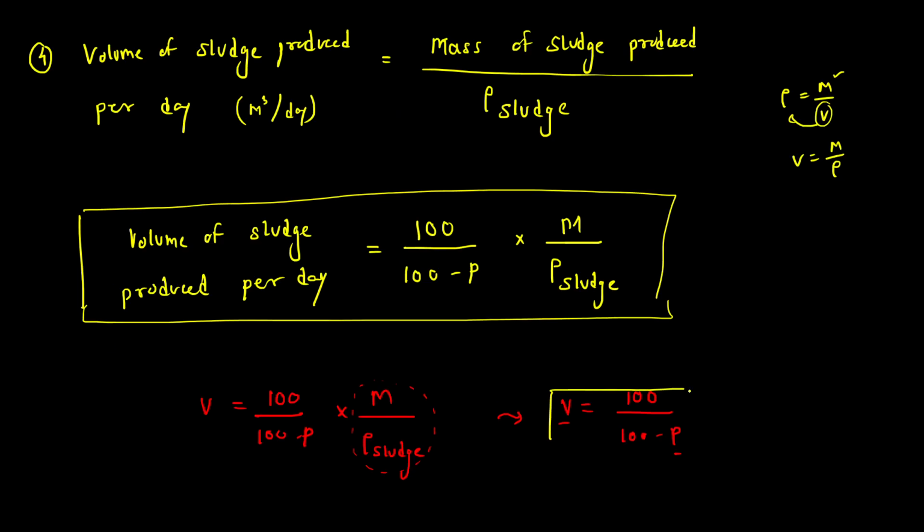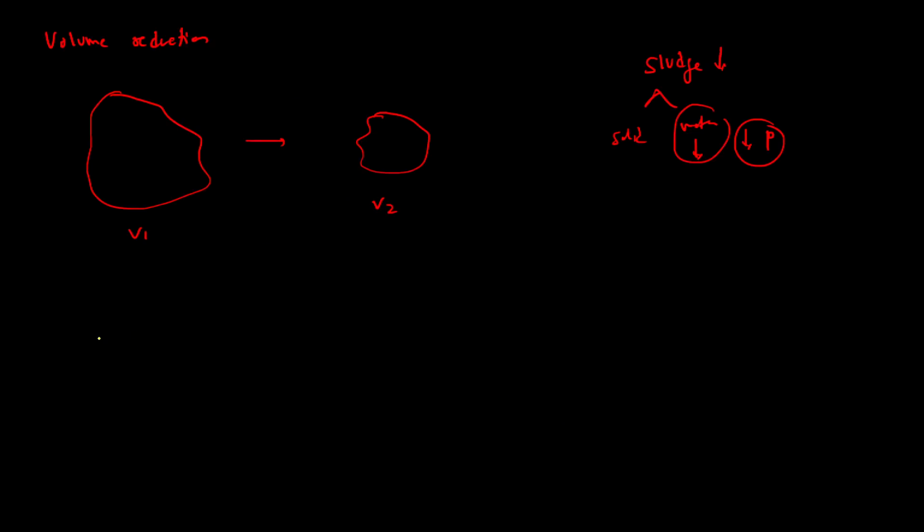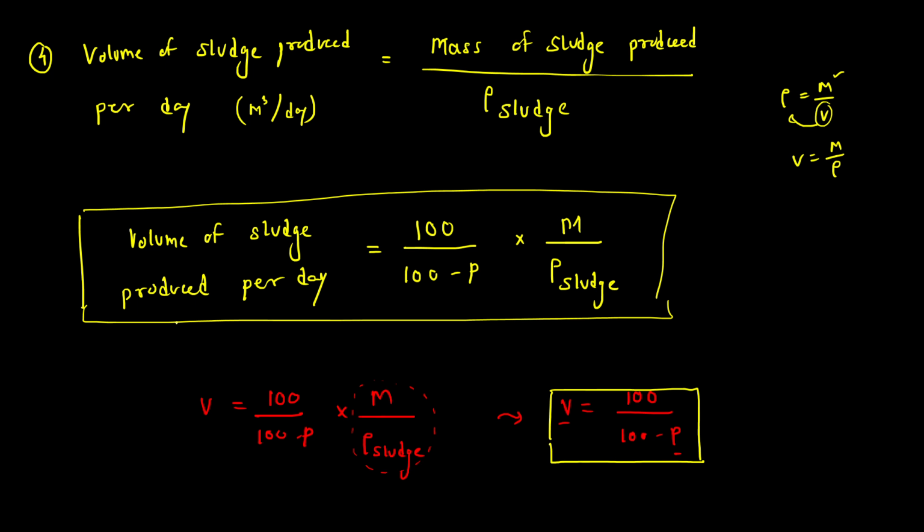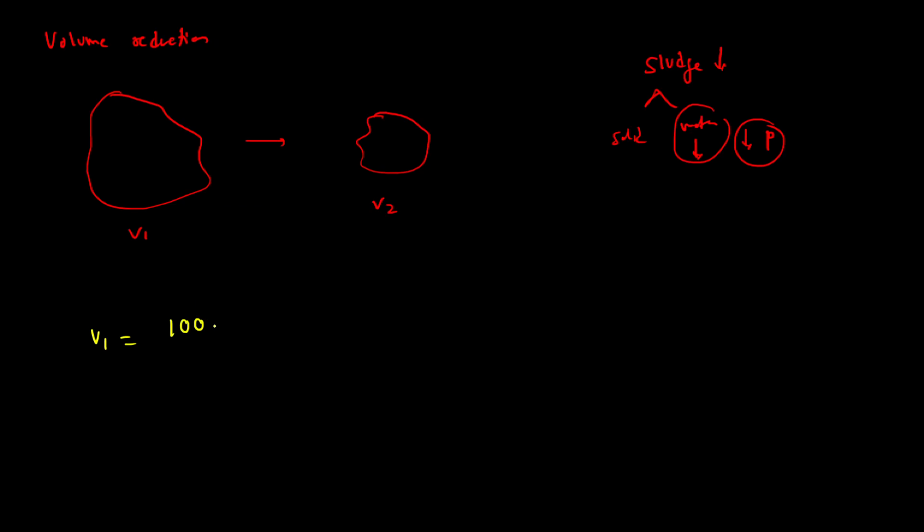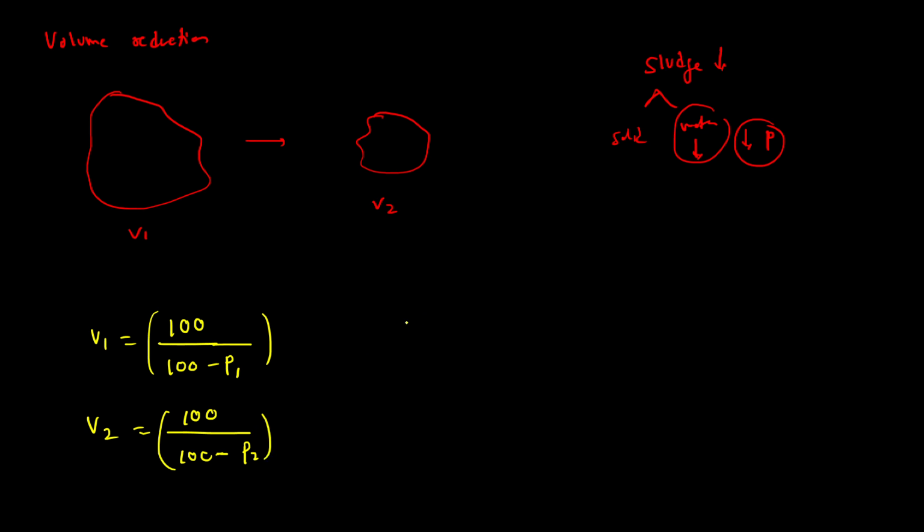From this, if we want to derive a relationship between V1 and V2, we can write V1 is equal to 100 by 100 minus P1. Similarly, V2 will be equal to 100 by 100 minus P2.